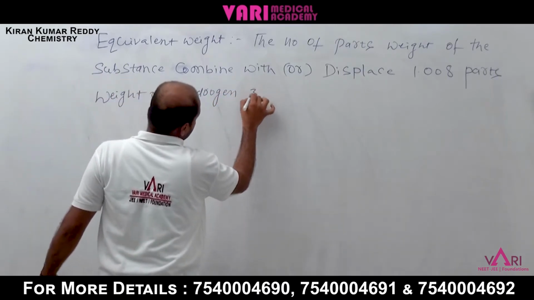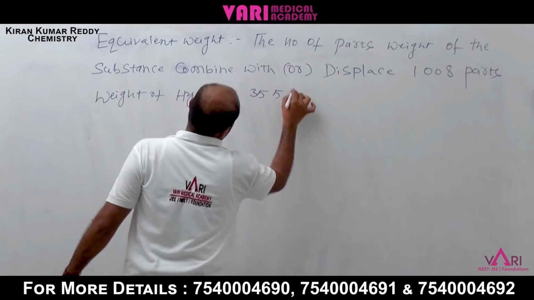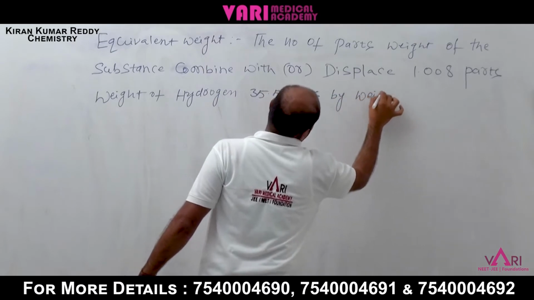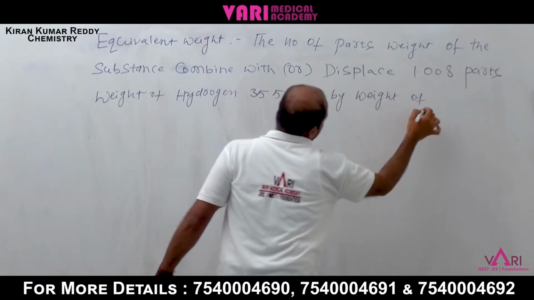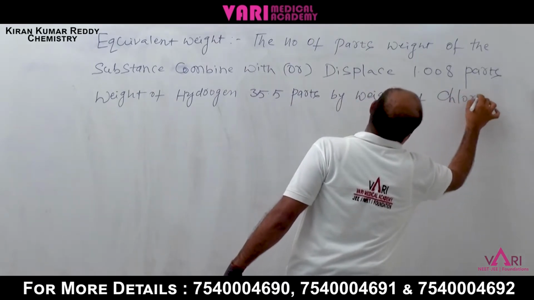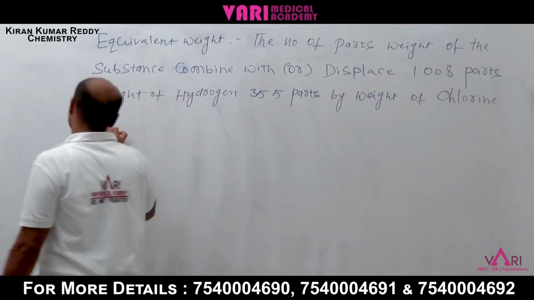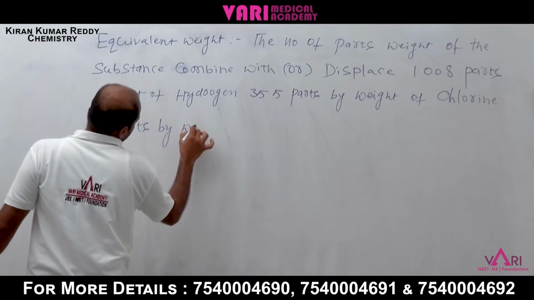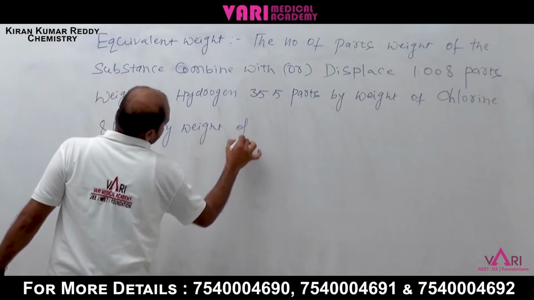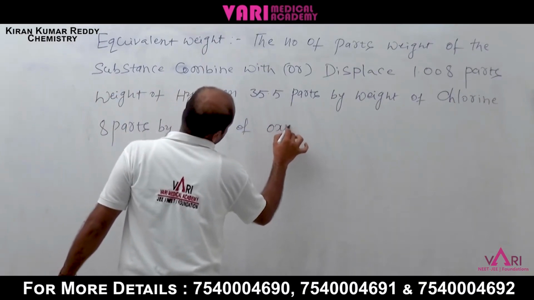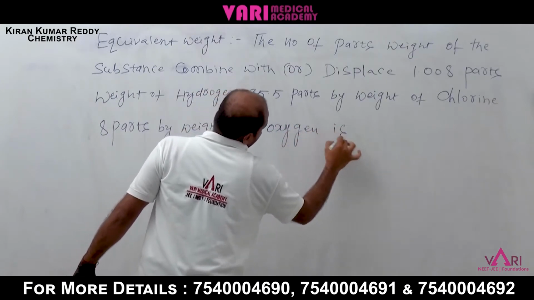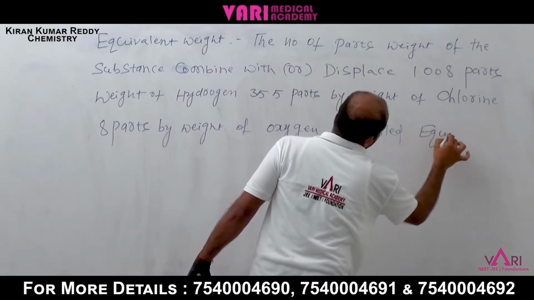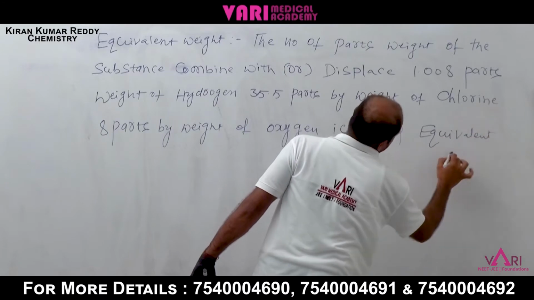35.5 parts by weight of chlorine, 8 parts by weight of oxygen is called equivalent mass or equivalent weight.